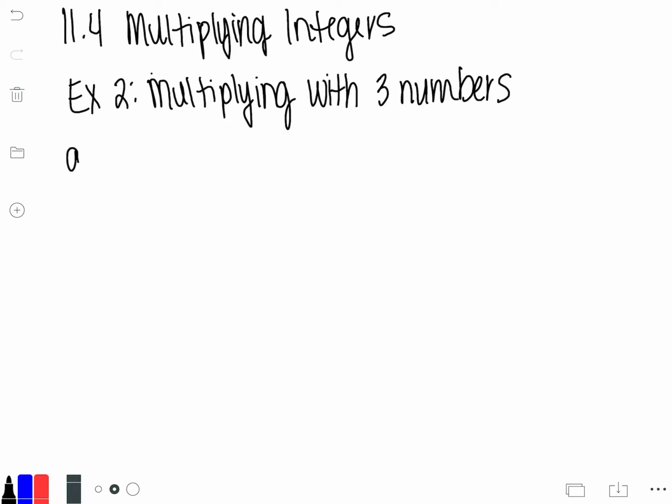And so here is our first example. If I give you something like negative 10 times negative 6 times 1, you have to multiply all three numbers together. Now remember, you don't need multiplication signs to indicate multiplication. In this particular example, I just have my numbers with parentheses around them.